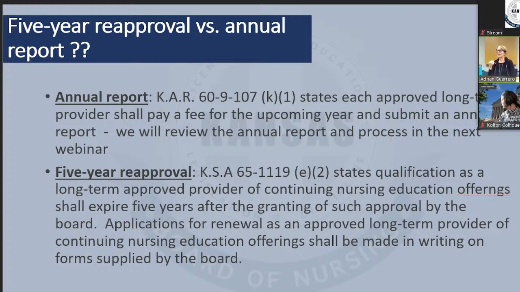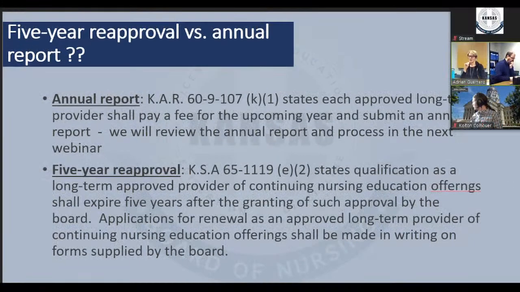But the final approval is given by the CNE committee and the board, not staff. The board has the final approval over it. So there's a bit of a process, more than just coming in and having a staff member review it. But you do have to do this 5-year reapproval. And we're talking now about the long-term providers, not the single providers. That's something totally different that we're not talking about. So, okay, Colton, if you want to go to the next slide, please.